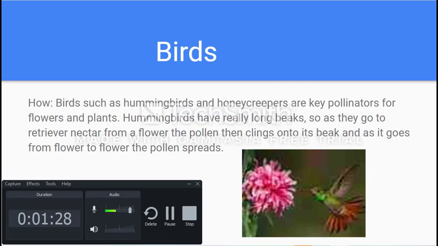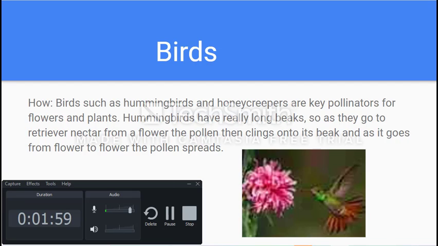Now, once again, this is a very common trend with most of the animals and insects that pollinate. Usually the pollen will stick onto a body part of theirs. Specifically, the butterflies and the bees, it sticks on maybe their body or wings, while the hummingbird's pollen will stick onto its beak. And as they move from plant to plant, it works sort of like a needle.